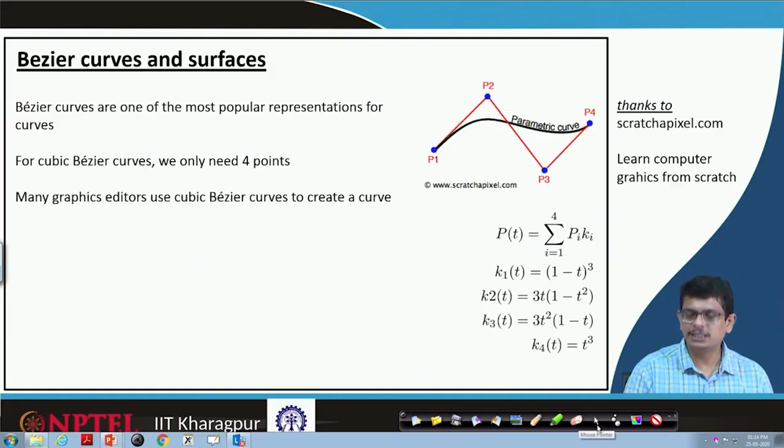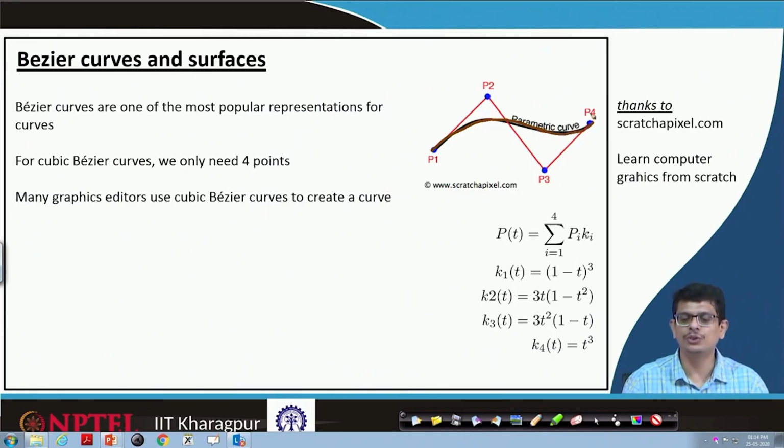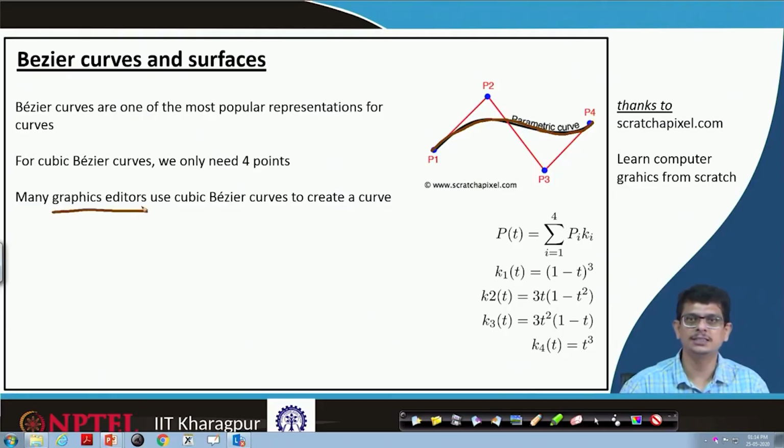The best representation is to go with this Bezier representation, where by minimizing these weights, we will be in a position to construct a curve. Most of the graphics editors, the software whatever we use to really draw the curves and render things, work on these Bezier curves.